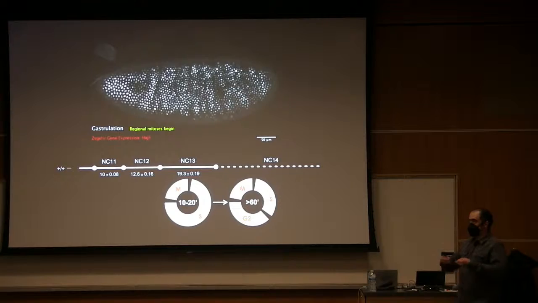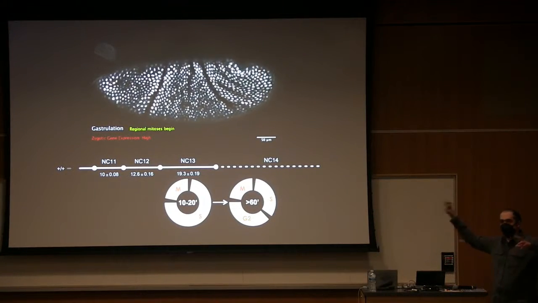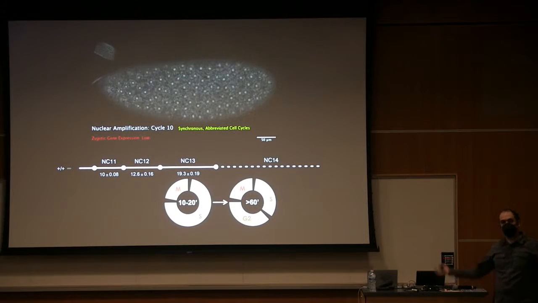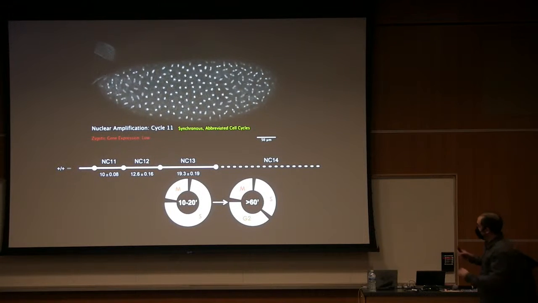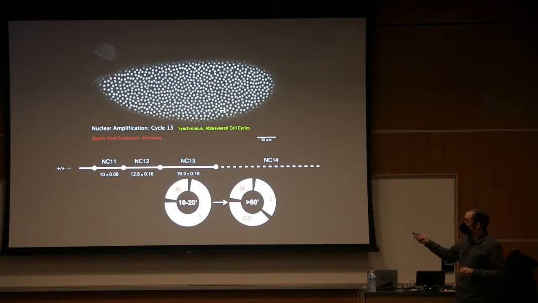There are limited histone modifications. The differences between euchromatic and heterochromatic compartments have yet to be defined. And there's not much in the way of higher order looping and structure of the chromatin at this time. All of these features are acquired more or less at this time in development.